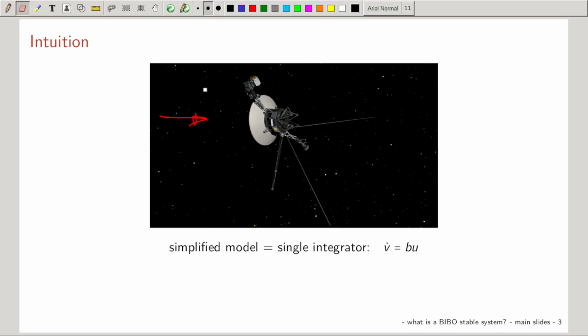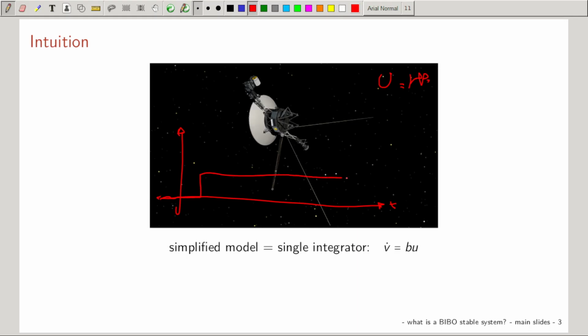If I have an input, so if in time my U, that is my input, is something that looks like this, is this input bounded? Definitely yes.